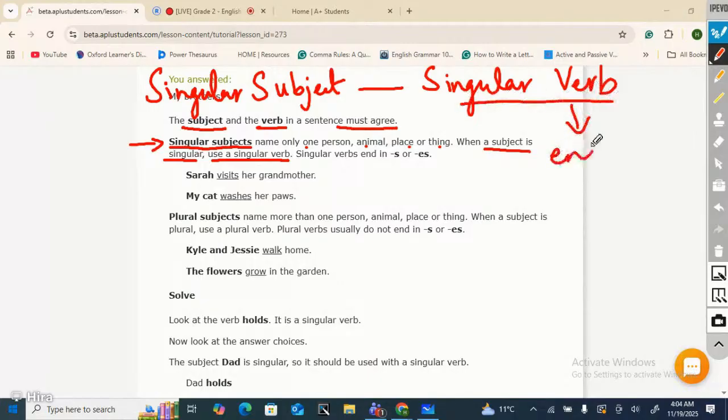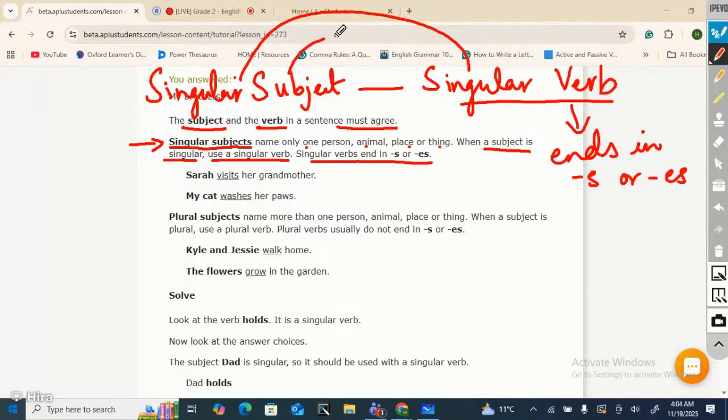A singular verb ends in S or ES. So when a subject is singular, use a singular verb, and a singular verb ends in S or ES. It's mentioned here as well. So this is called subject-verb agreement. Subject and verb must agree with each other: if the subject is singular, use a singular verb.